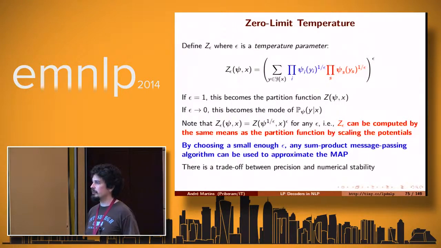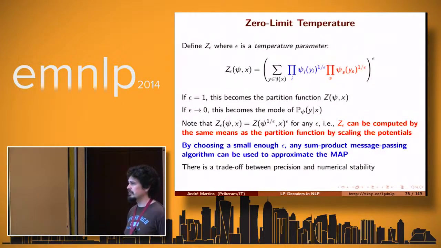If epsilon is 1, this is just the partition function, a sum over all scores for every possible assignment. When epsilon tends to 0, this becomes the L infinity norm, which is basically the greatest component in absolute value. So this is going to give us the mode of the distribution. If we try a value of epsilon which is very small, this is going to be very close to the actual mode.